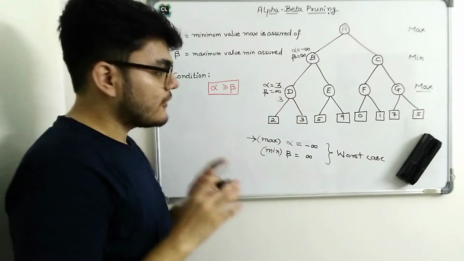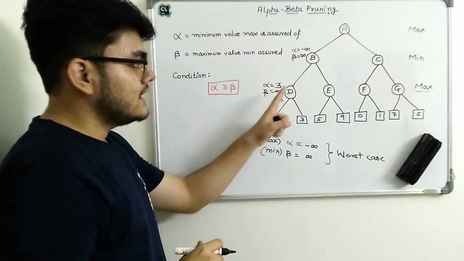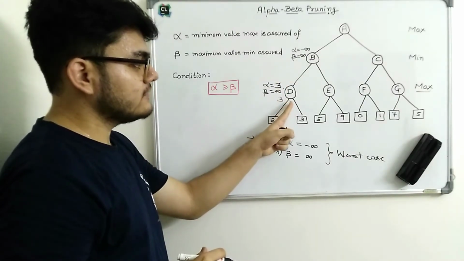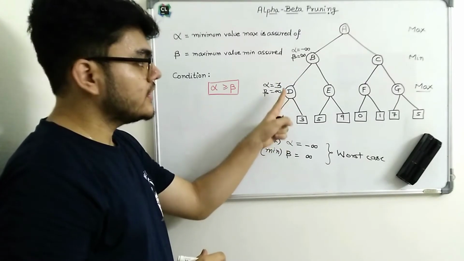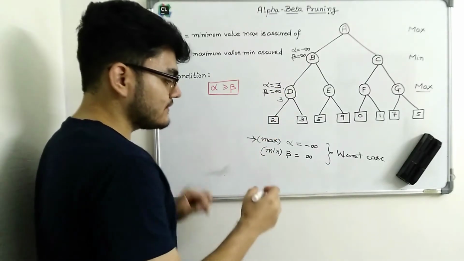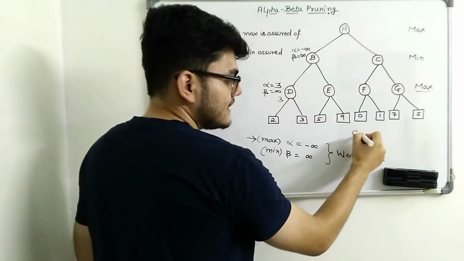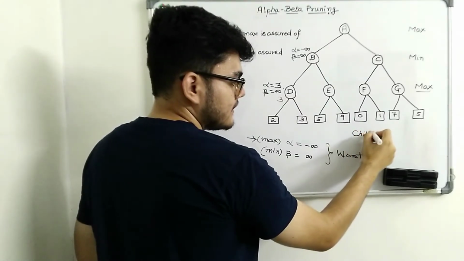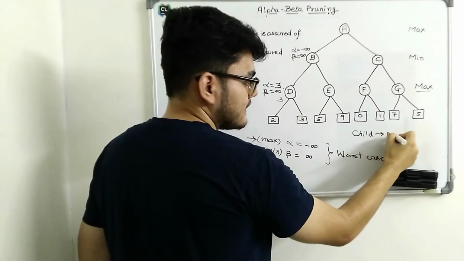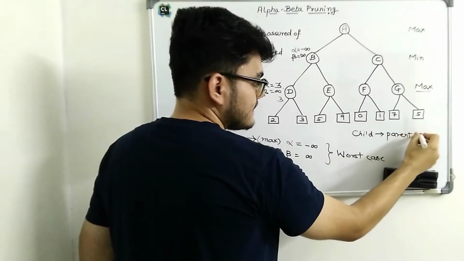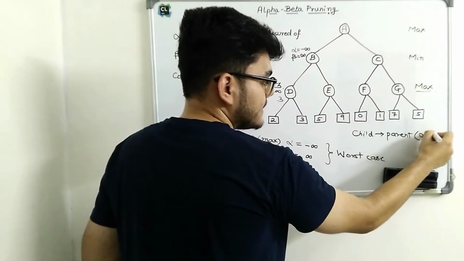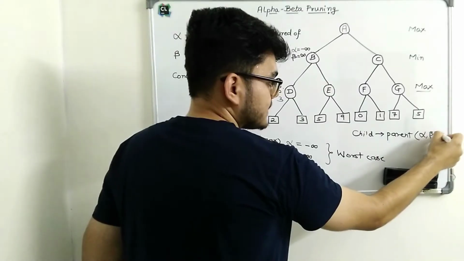One important point to remember is that when we are moving from the child node to the parent node, right? So I'm going to write this important point here, that when you are moving from the child node to the parent node, the values of alpha and beta are not passed, right?